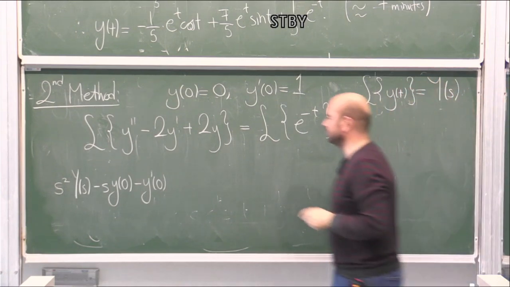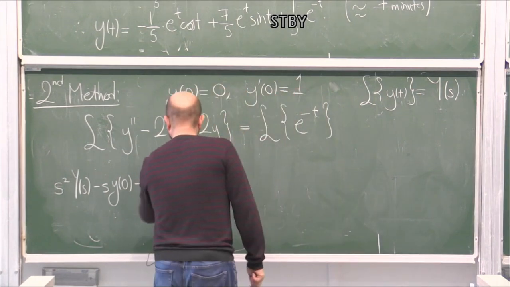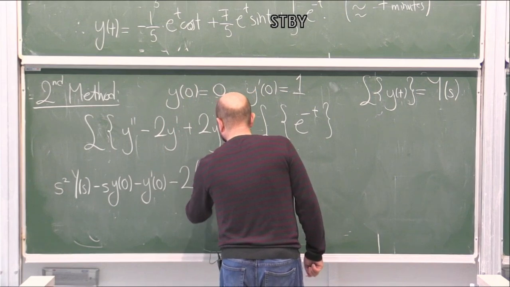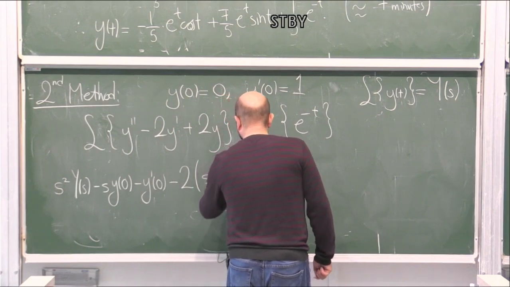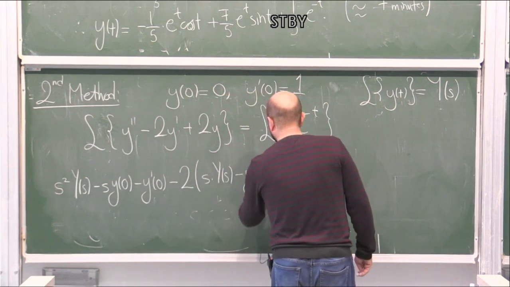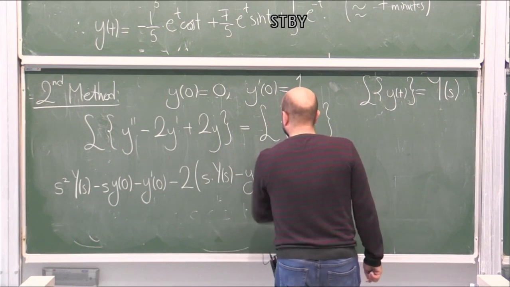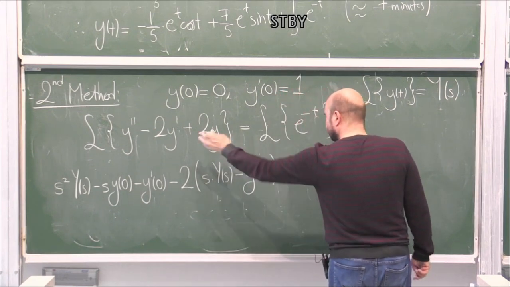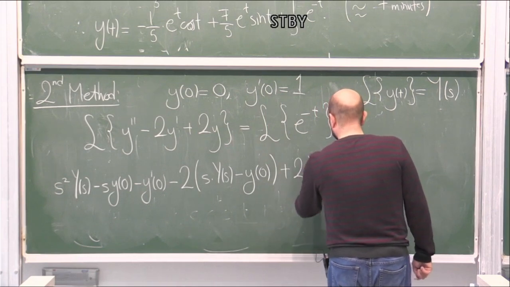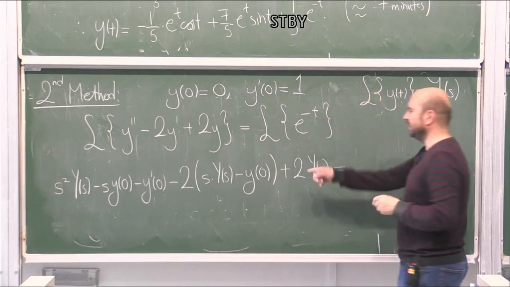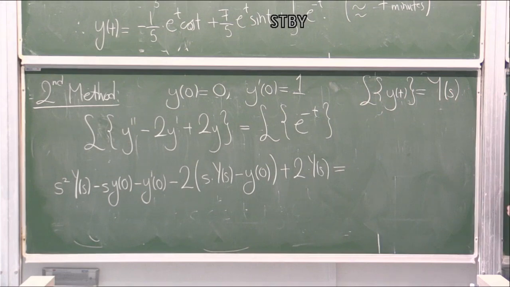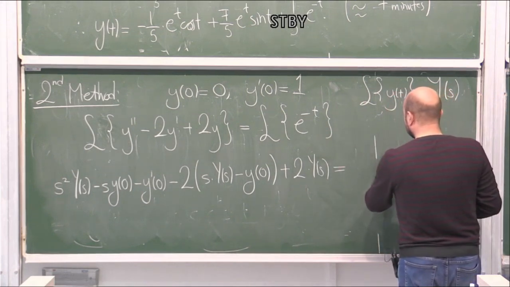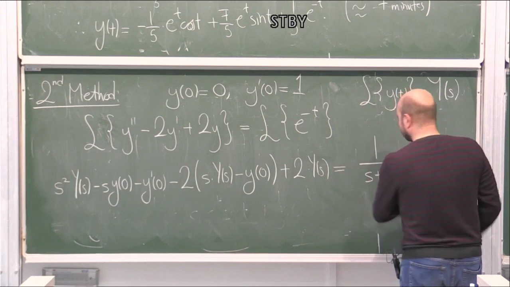Now second derivative is this, minus 2 times y prime's Laplace, which is s times Y of s minus y0, plus 2 times y's Laplace, because Laplace is linear, so we have Y of s. On the other side, Laplace of e to the minus t, which is 1 over s plus 1.